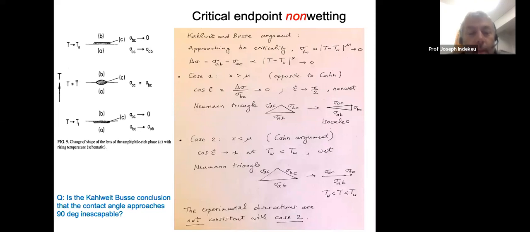Is this conclusion that the contact angle approaches 90 degrees inescapable, knowing what is on this slide, and knowing that they looked semi-quantitatively at the angles in their experiments? Question to you.